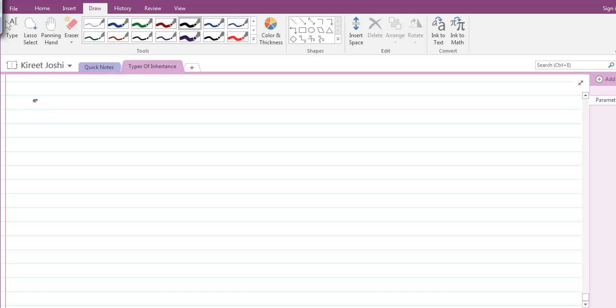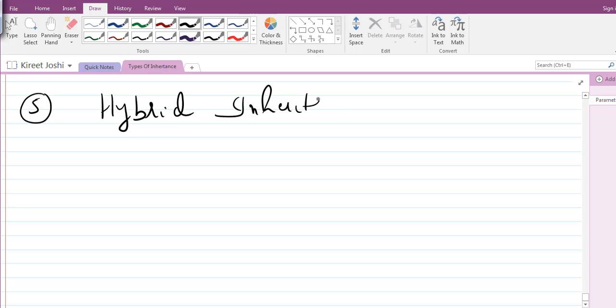The next one, the last inheritance, is known as hybrid inheritance. So in all there are 5 types of inheritances in C++, and the last one is hybrid inheritance. As the name says, hybrid, it is a combination of more than one type of inheritance.